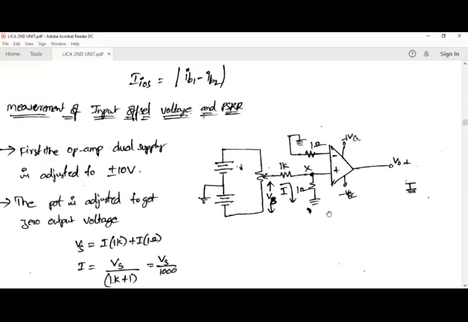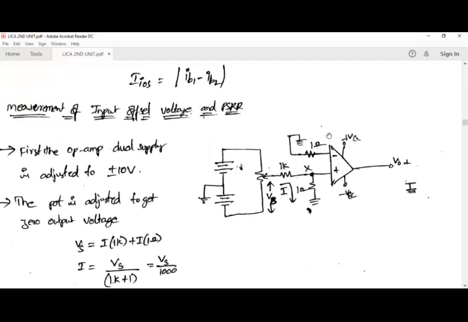To make that output voltage zero, we apply a small amount of voltage to any one of the input terminals. The voltage that we apply to make the output voltage zero is nothing but the input offset voltage. So now we are going to measure the input offset voltage for this operational amplifier.